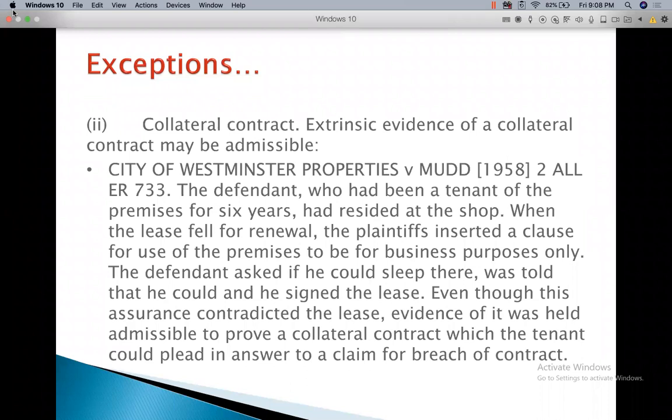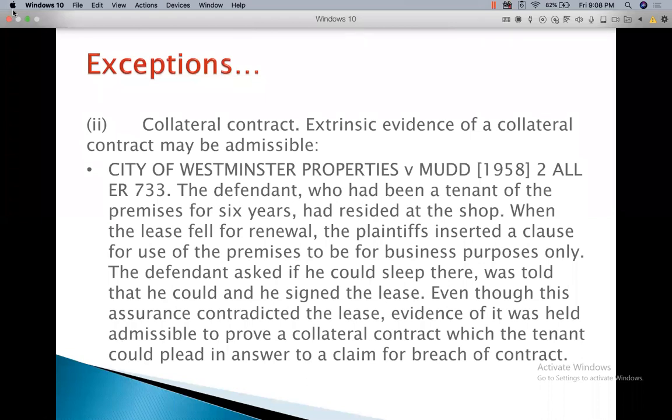Now, later on, when there was a dispute and the matter came to court, the court was prepared to admit extrinsic evidence in order to prove that, apart from the main contract, the lease, there was a supporting or subsidiary contract, a related contract, which is the assurance that he could sleep there.